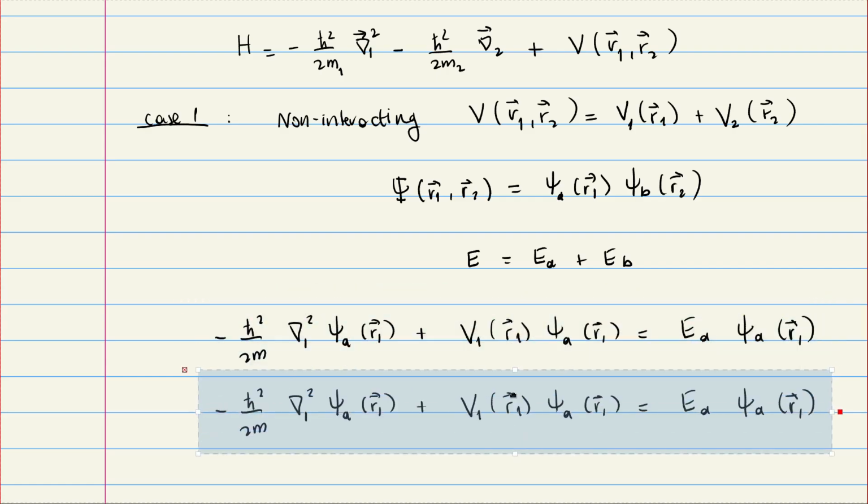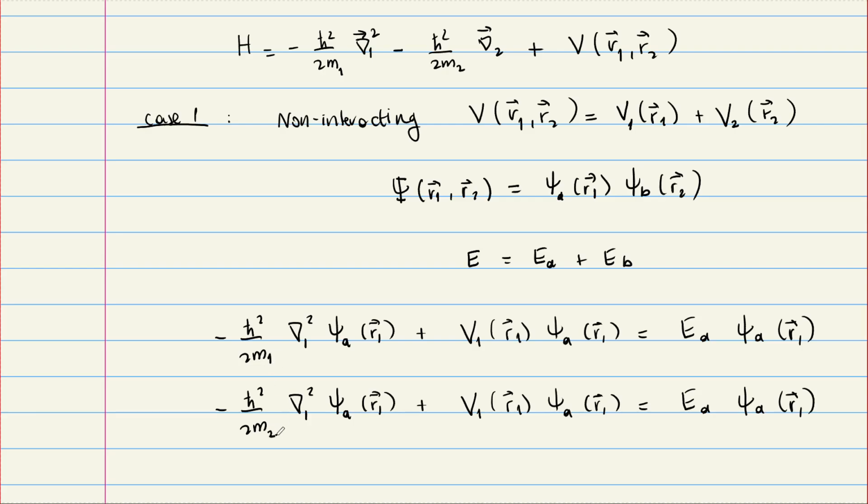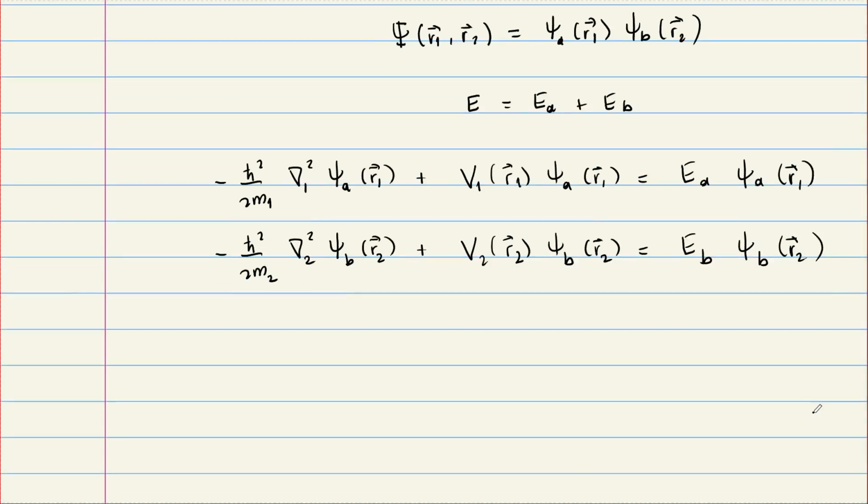So let me just copy and modify. This is m1, m2, this is 2, this is B, this is 2, and this is 2. And you solve each separately.